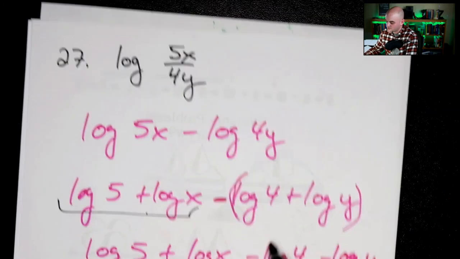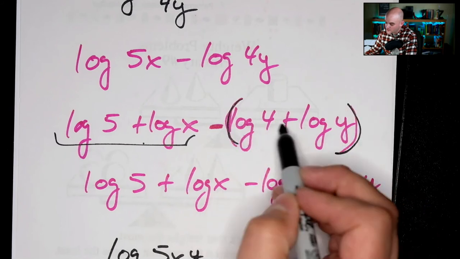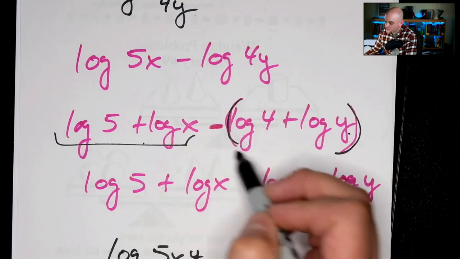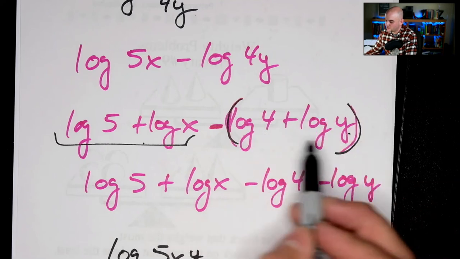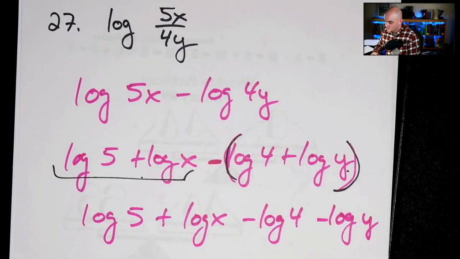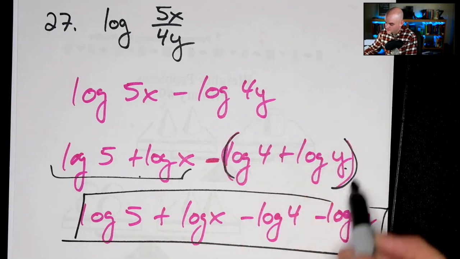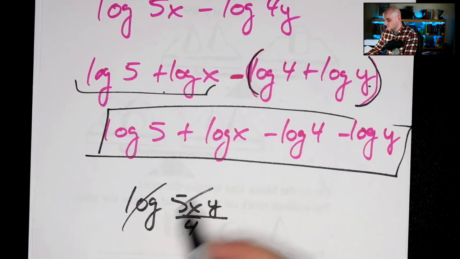That y moved up top. So make sure you're very careful here. We are dividing by 4y, so wrap it in parentheses. If you want, you can distribute the negative, or you can leave it wrapped in parentheses. I'm fine with that too. All right, so this is my answer right here, or this right here wrapped in parentheses. This is what you don't want to end up with. Number 28.